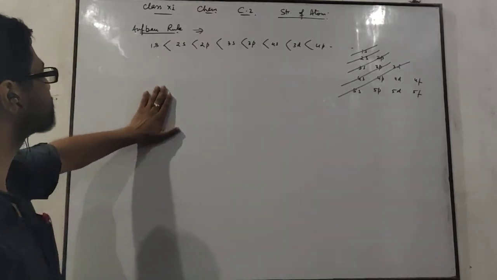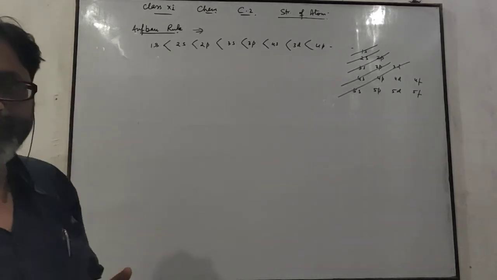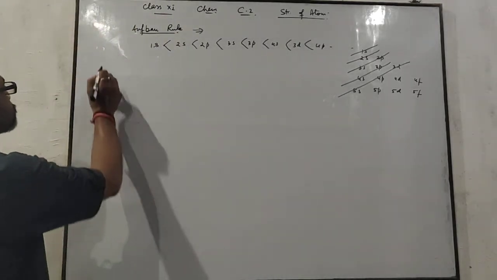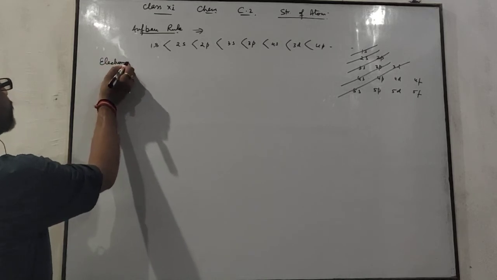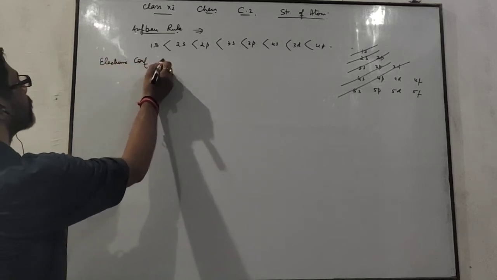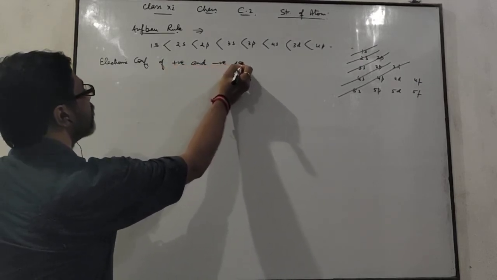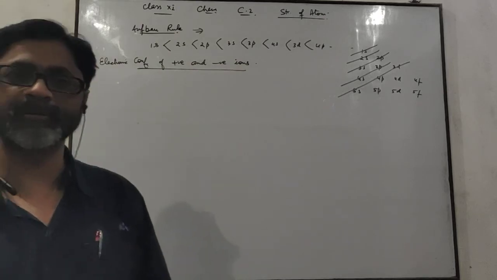Now I am going to explain how we can write the electronic configuration of positive and negative ions.